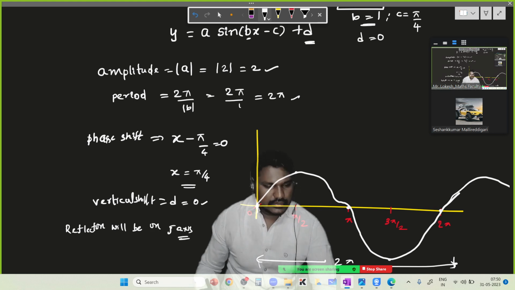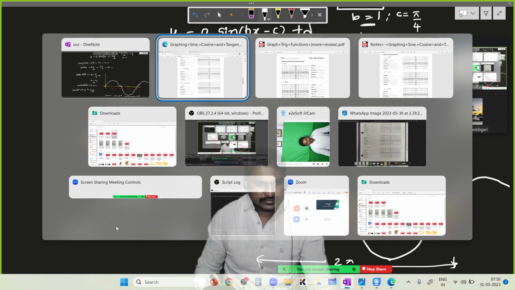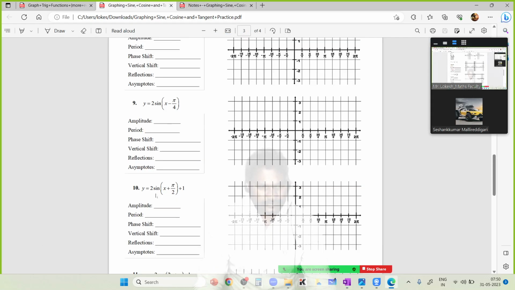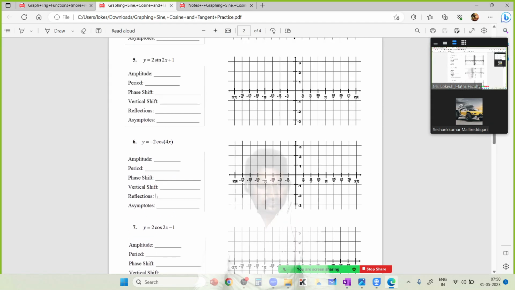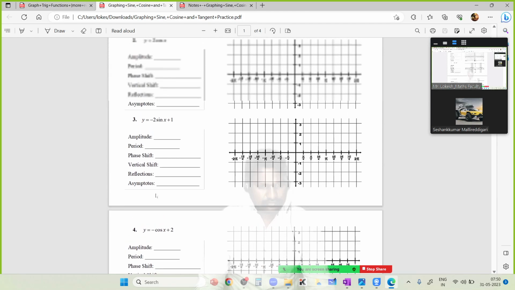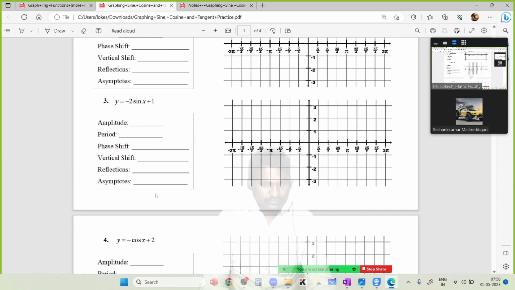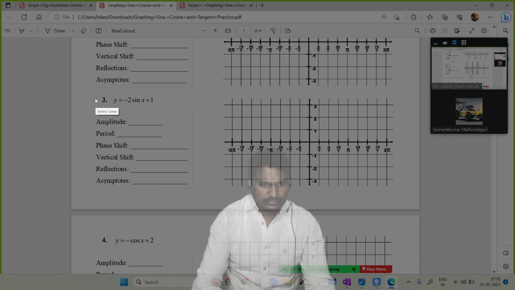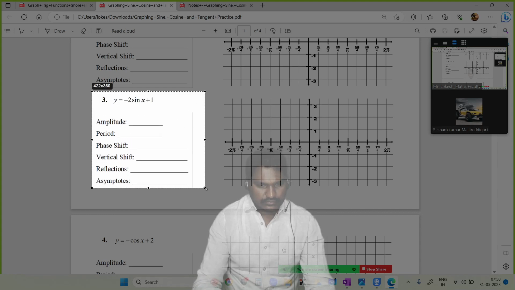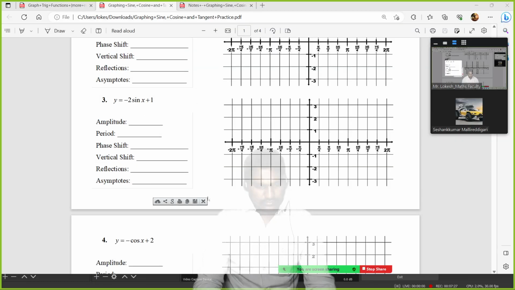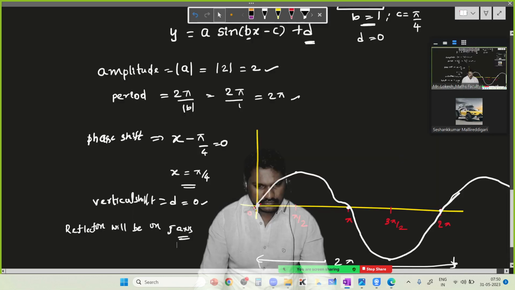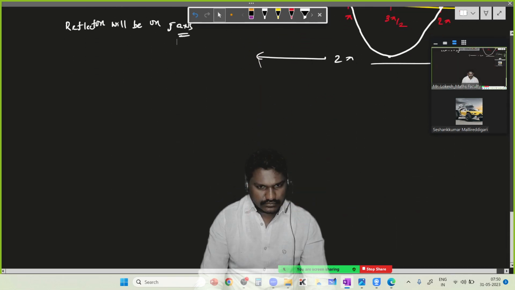Yeah. Now let me do it. Third question. I just don't understand how to graph it.